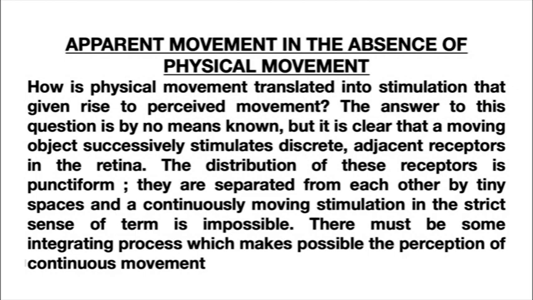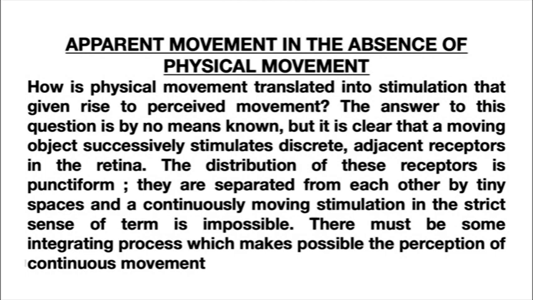How is physical movement translated into stimulation that gives rise to perceived movement? The answer to this question is by no means known, but it is clear that moving objects successively stimulate discrete adjacent receptors in the retina. The distribution of these receptors is punctiform.